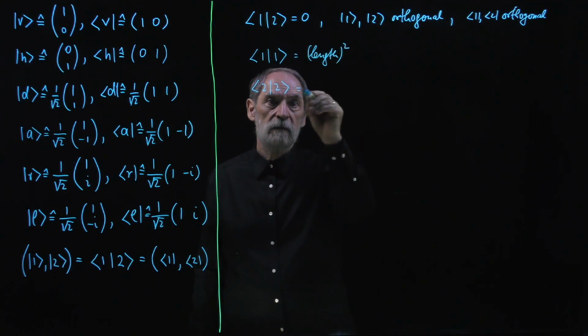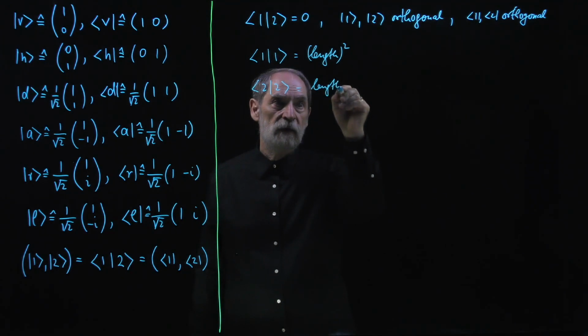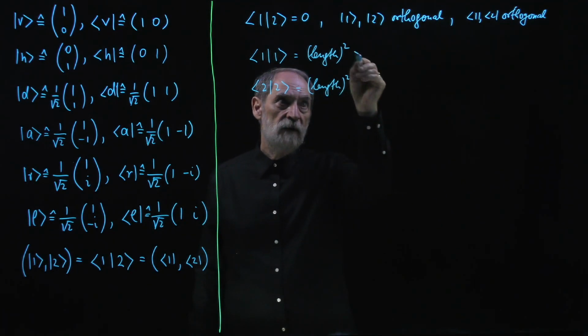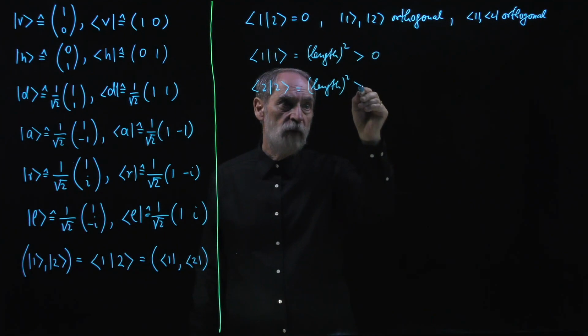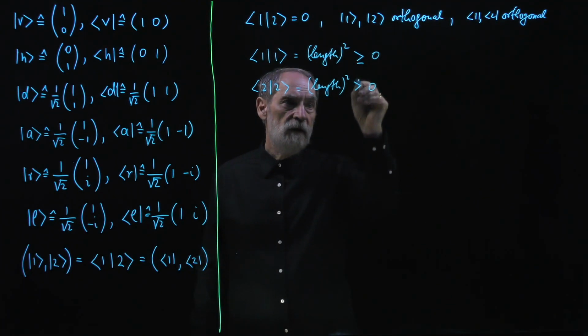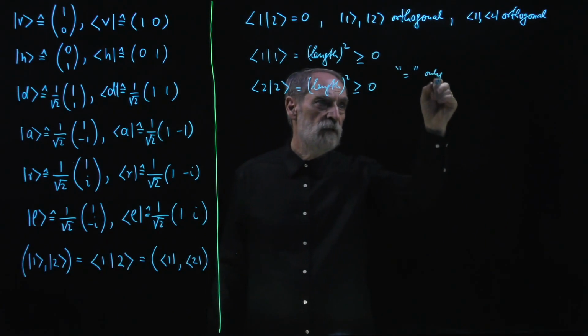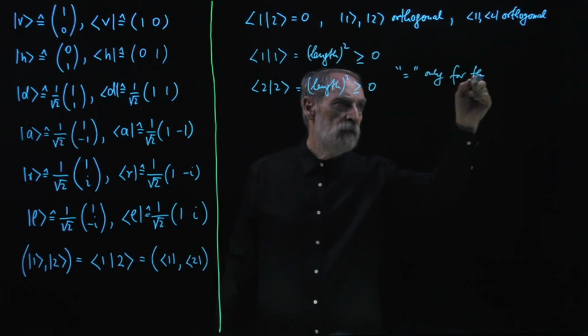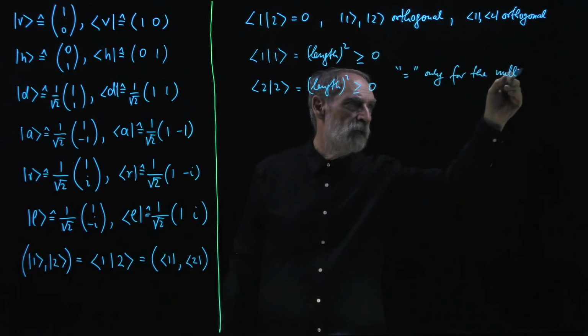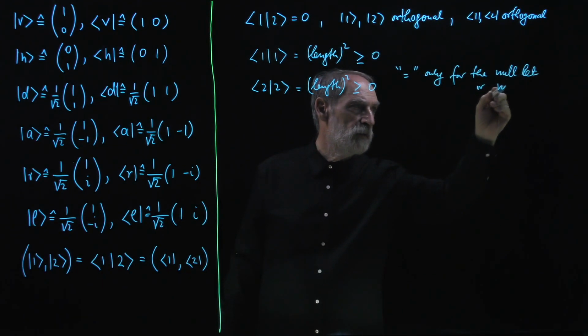Then this is a length squared of the corresponding ket or bra, and so that's something that should be positive and equal to zero only for the null ket or the null bra.